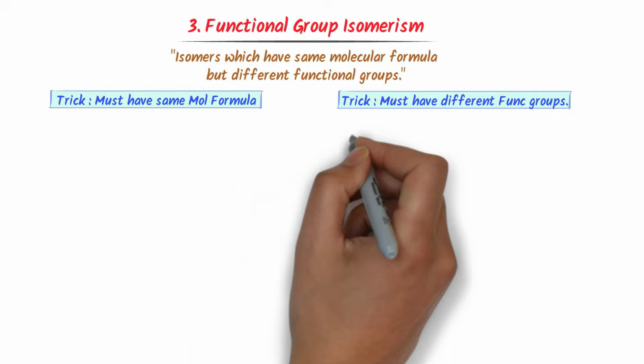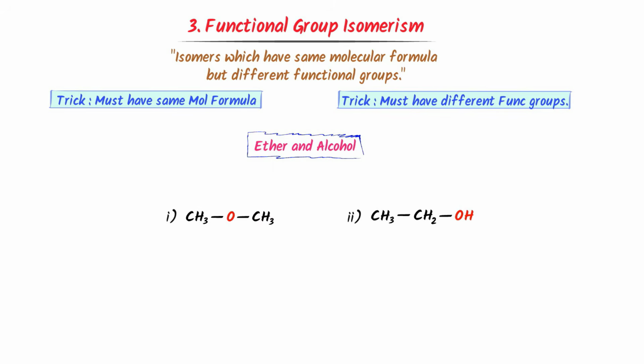Now consider ether functional group and alcohol functional group. As usual, I find the molecular formula of the compounds. In this ether compound, there are 2 carbon atoms, 6 hydrogen atoms and 1 oxygen atom.